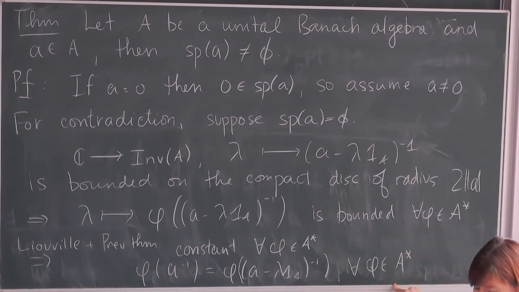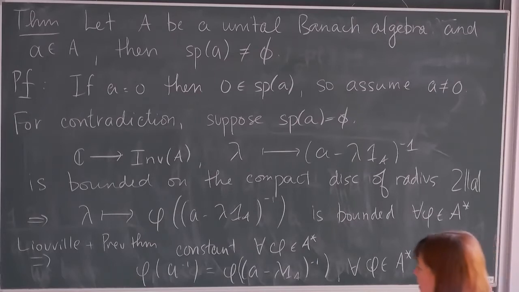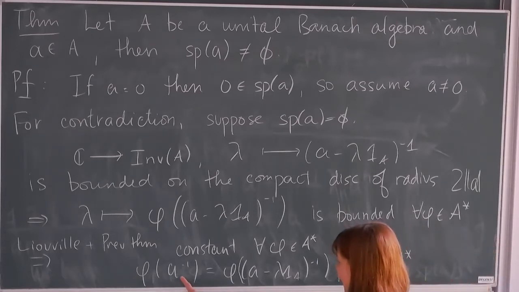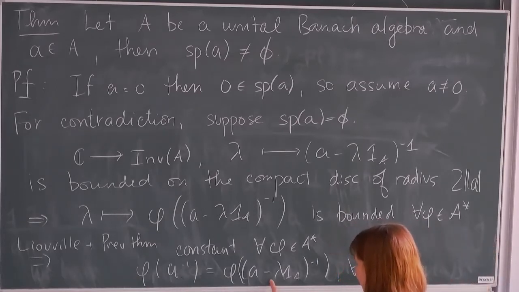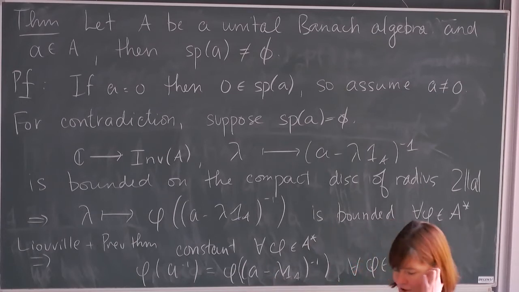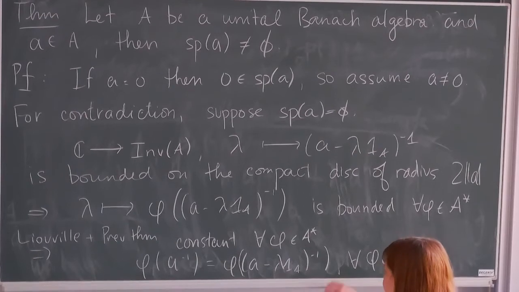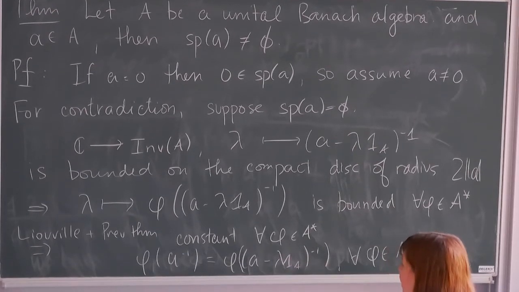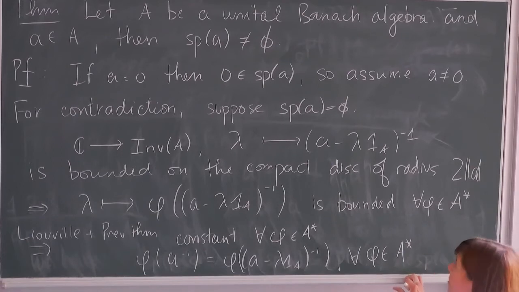And as I mentioned, the dual separates points. So that means we get that A inverse and (A minus lambda 1A) inverse are always the same. In particular, I guess we could take lambda equal to 1. Anyway, that's impossible. So there's our contradiction.